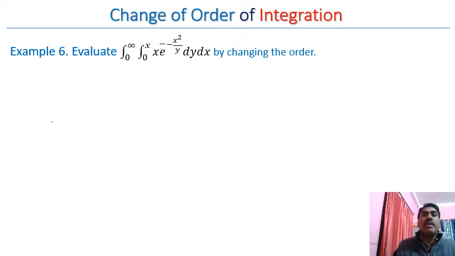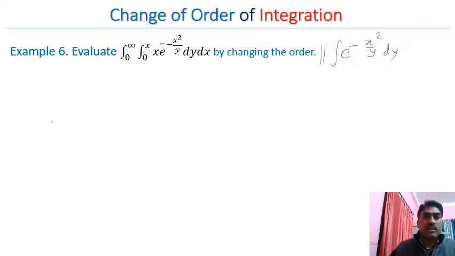You can see that y has variable limit, so you need to integrate with respect to y first, but this has a problem. The integral of e to the power minus x square by y with respect to y is very tough. So you can try to integrate this, but we are going to change the order of integration and see up to which level the easiness comes.